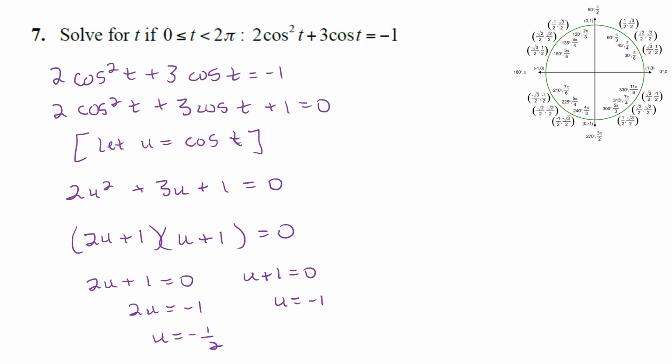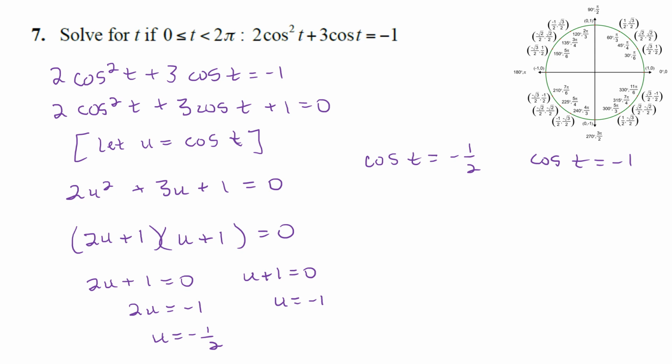Before we try to find our solutions, we now need to back substitute. We changed cosine t to u, so now we want to convert it back to cosine t. So we'll have cosine t equals negative 1/2 and cosine t equals negative 1.